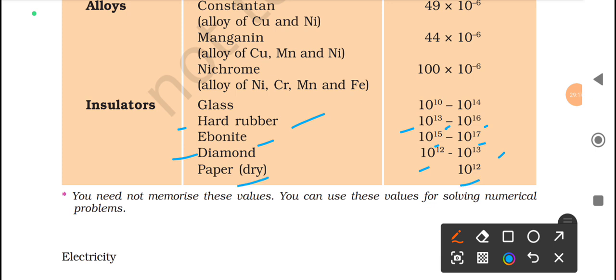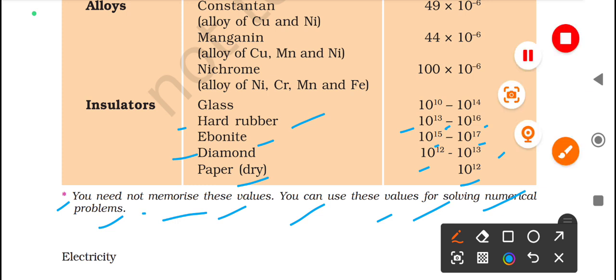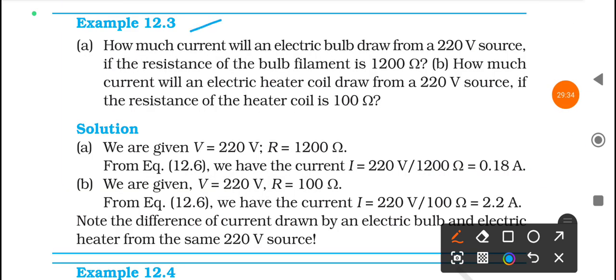Diamond 10 to the power 12 to 10 to the power 13 ohm meter. Vapor dry 10 to the power 12 ohm meter. You need not memorize these values. You can use these values for solving numerical problems.